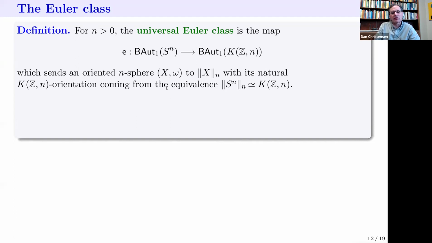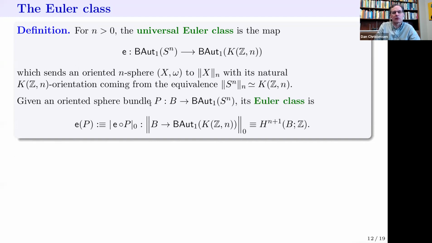And so since our X has a 0-truncated equivalence to S^n, this truncation will have a 0-truncated equivalence to K(Z,n). So it'll be oriented. And then in general, if I give you an oriented sphere bundle, I just post-compose with this universal Euler class. And then I take the homotopy class of that, which gives me something in the 0-truncation.